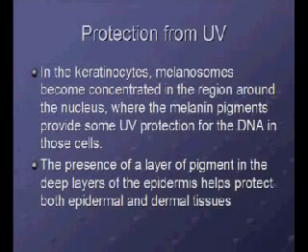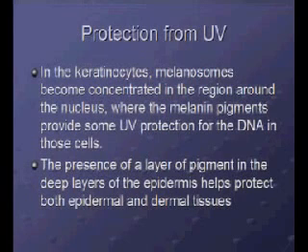In the keratinocytes, melanosomes become concentrated in regions around the nucleus where melanin pigments provide some UV protection for the DNA in those cells. The presence of a layer of pigment in the deep layers of the epidermis helps protect both epidermal and dermal tissues.